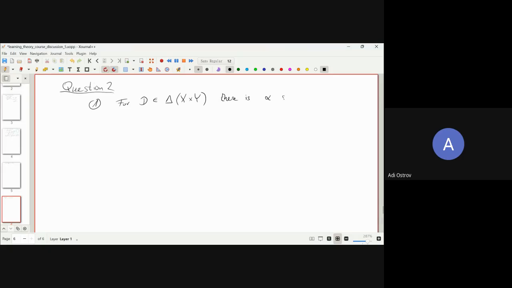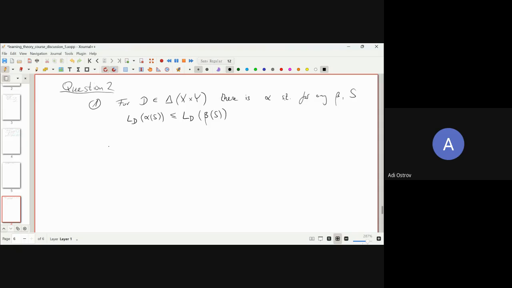In this case, oh, okay, I think I see why we need X to be finite. I'm going to define the algorithm to be the algorithm that always returns an optimal hypothesis, no matter which sample we got.